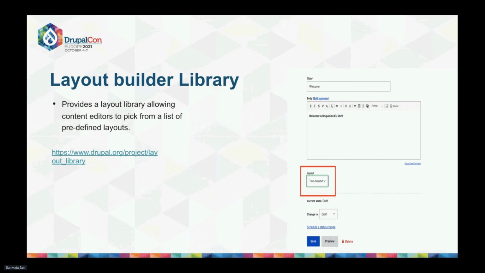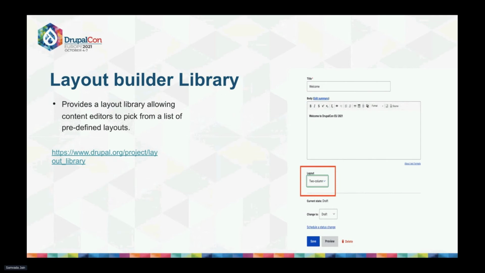The other module is Layout Builder Library. This module can be used when you want to limit the flexibility given to the content editor. You might not want your content editor to build a layout.